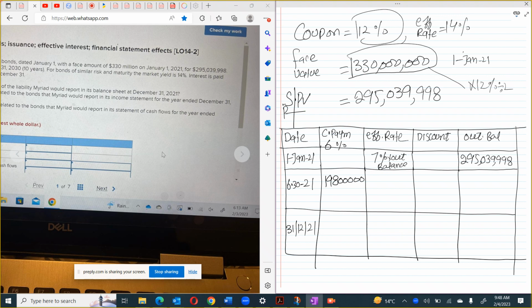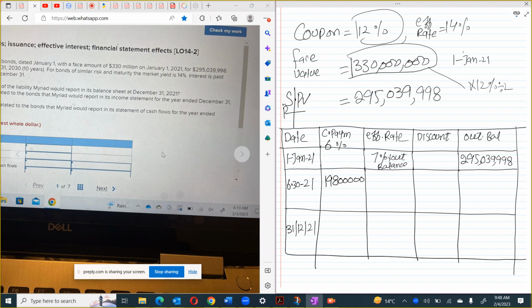Because in the cash flow statement there are three sections. Operating, right? Write it here. In the cash flow statement, there are three sections.